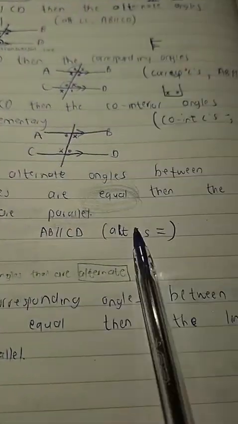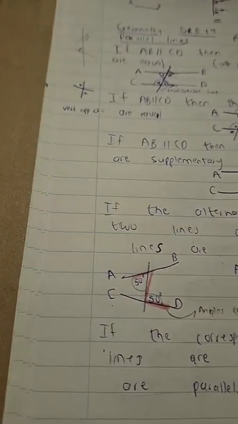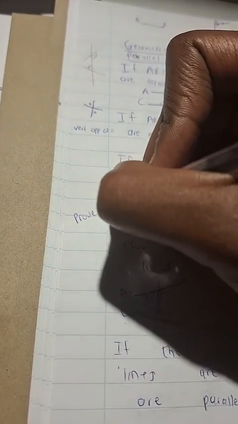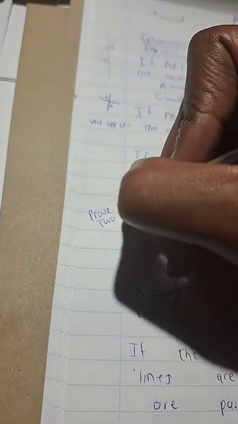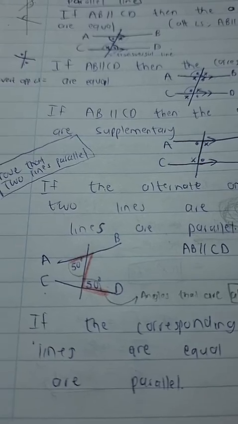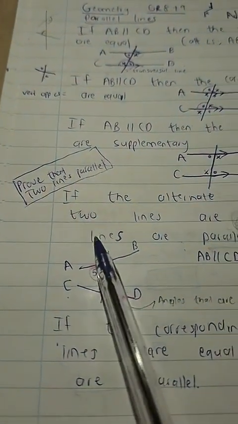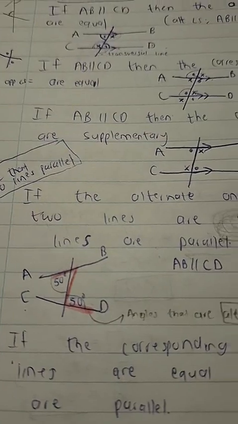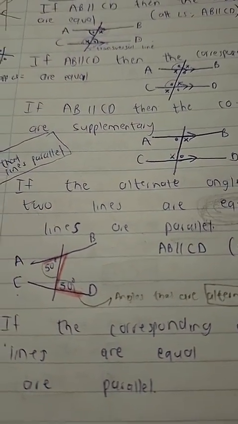So I want to say to you that sometimes in geometry you get asked to prove that two lines are parallel. The question will say, prove that AB is parallel to CD. Whenever that is the situation, there are three things that you need to look for.